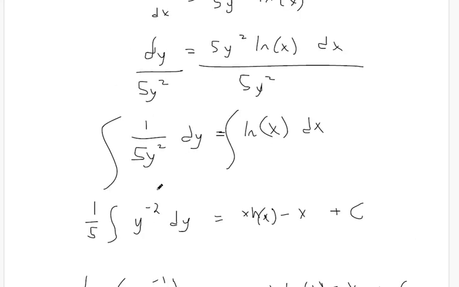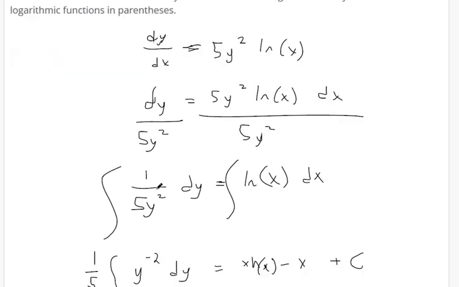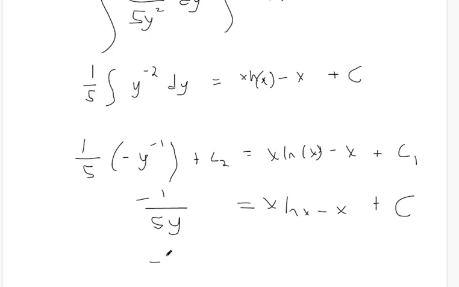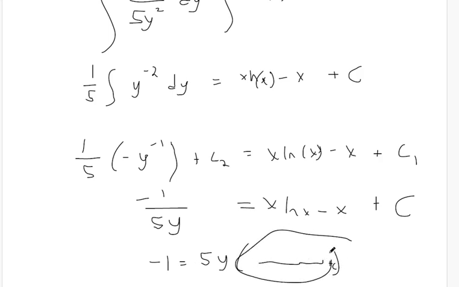And then what are we doing here? We're solving the differential equation for y. So if I put this back in terms of a rational expression, this is negative 1 over 5y equals x natural log x minus x plus c. So to finish getting y by itself, I can multiply both sides by 5y. Then all this x stuff plus c. And then I need to divide all this x stuff from both sides and the 5 while we're at it.